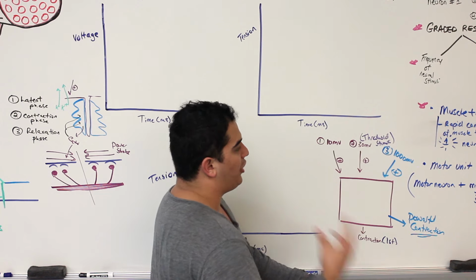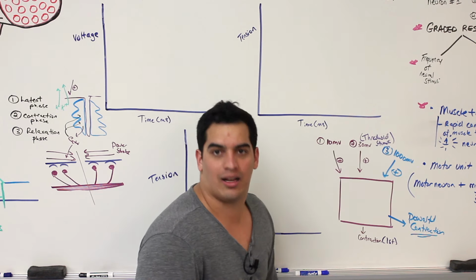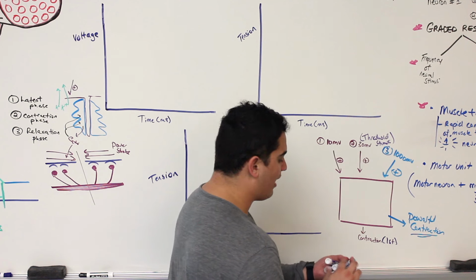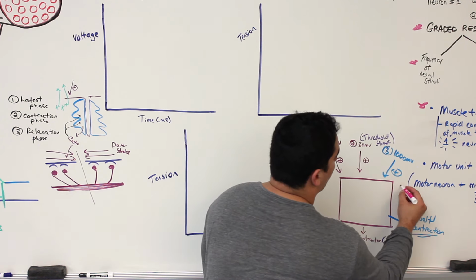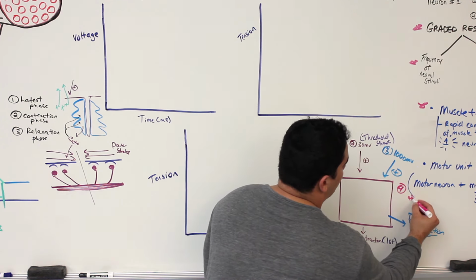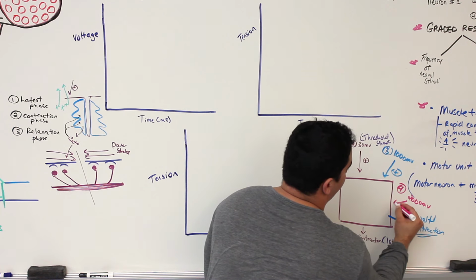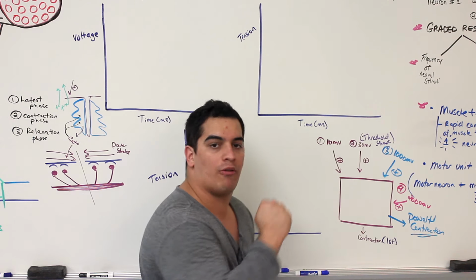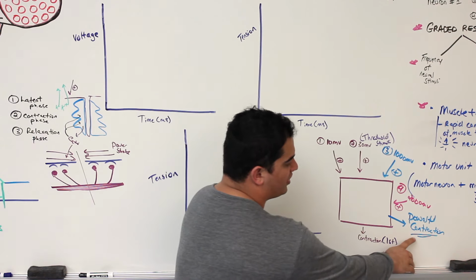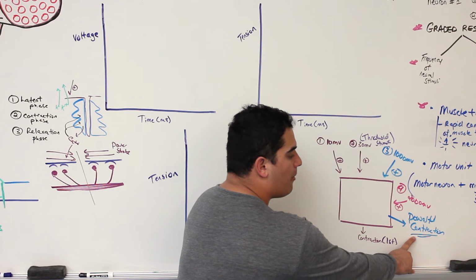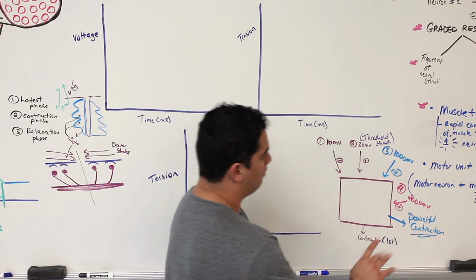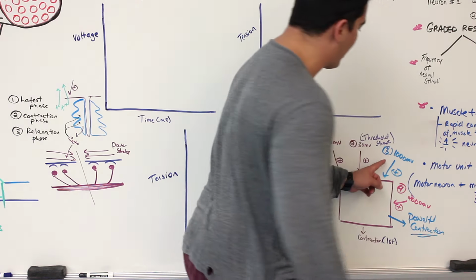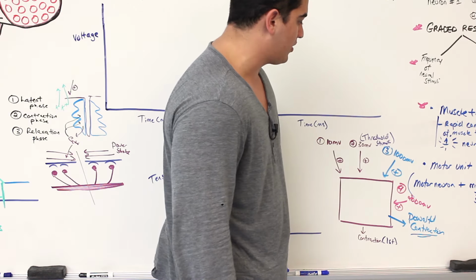Let me actually increase it a little bit more. Let's say I hit it with 2,000 millivolts. So let's say that for the fourth and final time, I hit it with 2,000 millivolts, but it still produces the same powerful contraction. If it still produces the same amount of tension and the same amount of contractile force, then there's nothing different with shocking it at 1,000 millivolts versus 2,000 millivolts.